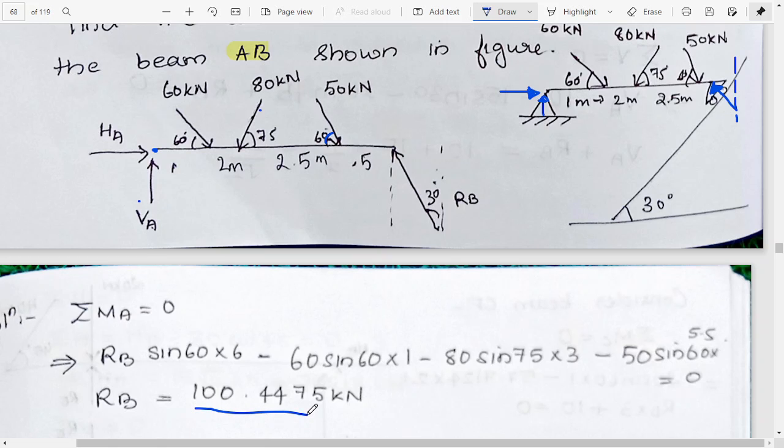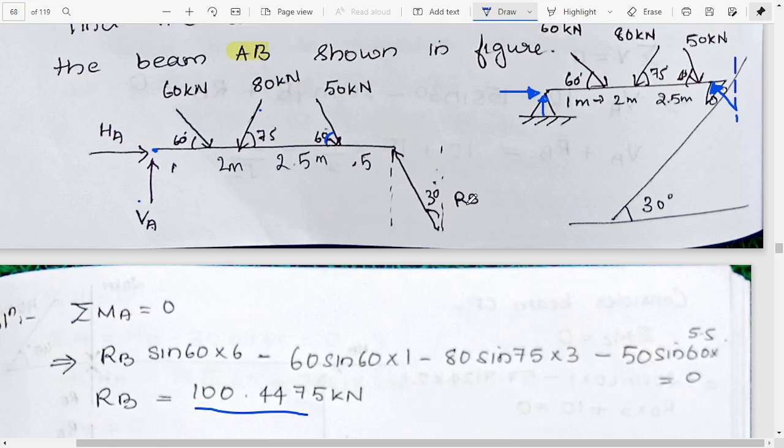And now as we have got RB, we can find the value of VA. So VA we can calculate by using the summation of V is equal to 0. So we have VA minus 60 sine 60 minus 80 sine 75 minus 50 sine 60 plus RB sine 60, RB cos 30, is equal to 0.